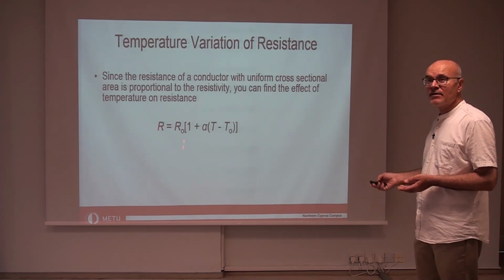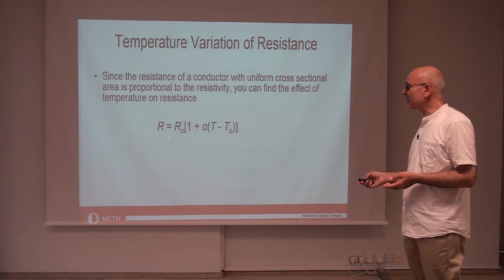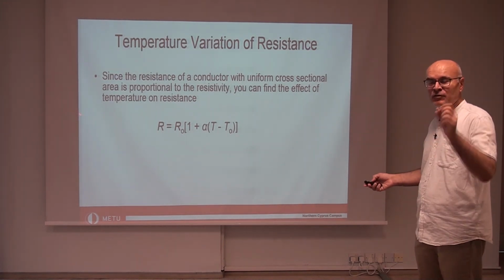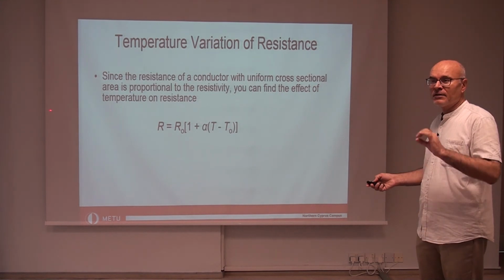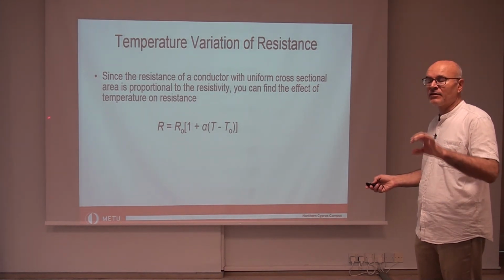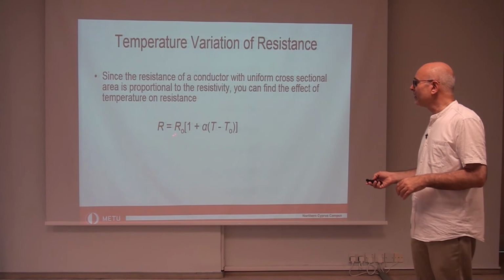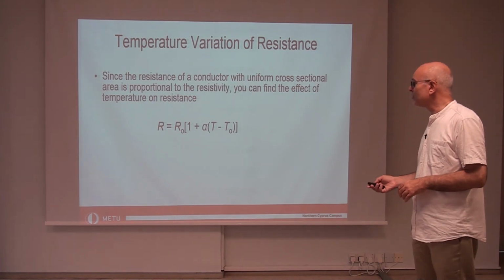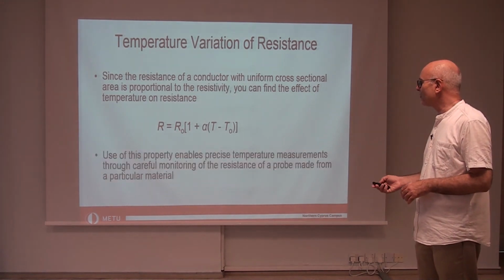It satisfies the same expression. So the resistance of a given conductor, which has a uniform cross-sectional area and a given length, also varies with temperature according to this expression.